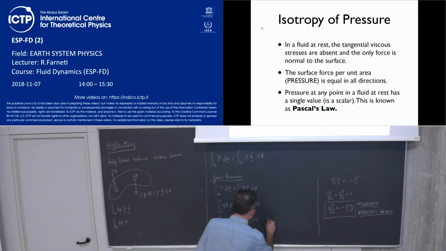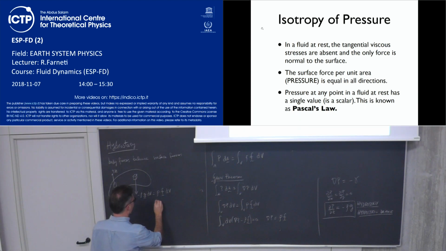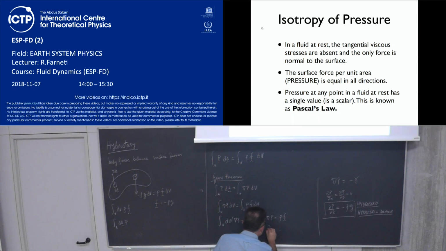And so my grad P is equal to rho F. In my F, we said that F is minus rho g. So again, dp by dz is minus rho g. So this is a much simpler way of deriving the hydrostatic balance.